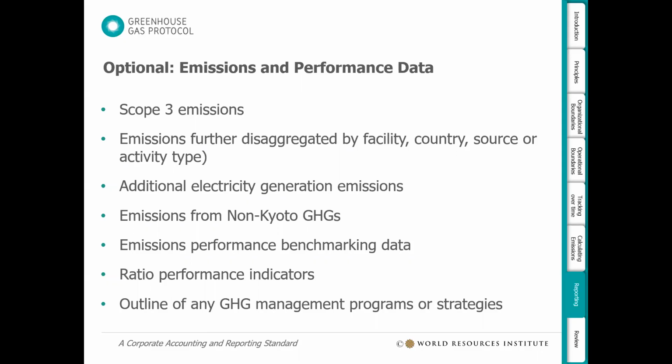That information doesn't have to be provided with the inventory itself, but it should be provided, say, in an accompanying CSR report or elsewhere. The inventory can just include the other required elements I've described, but really I think a company should be describing its efforts to reduce emissions in a place that's accessible to external users.